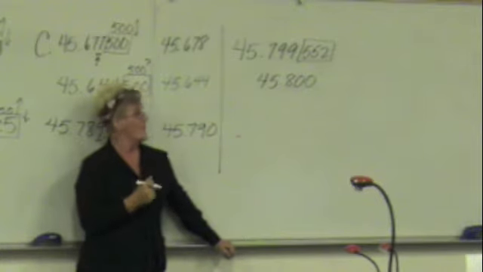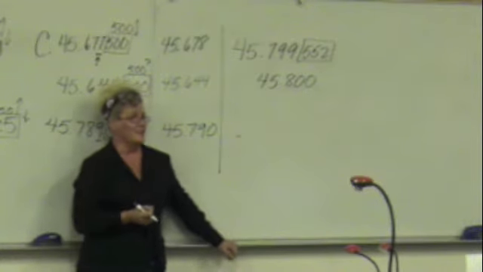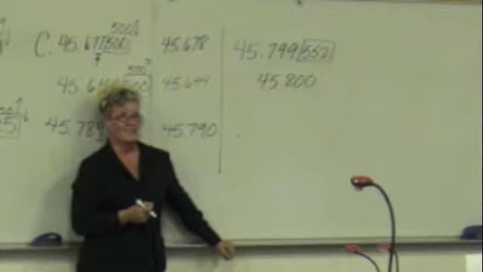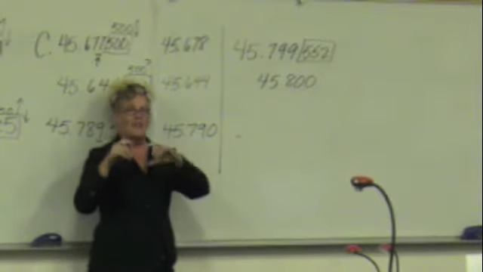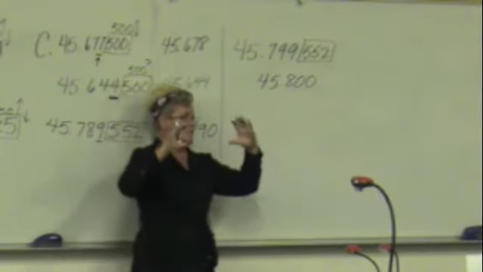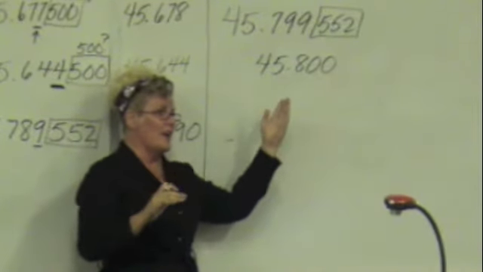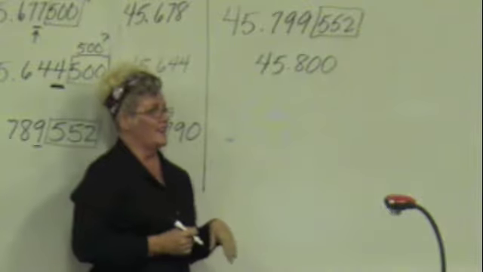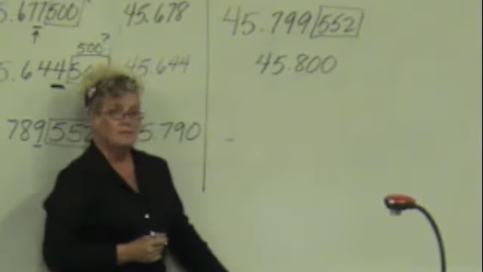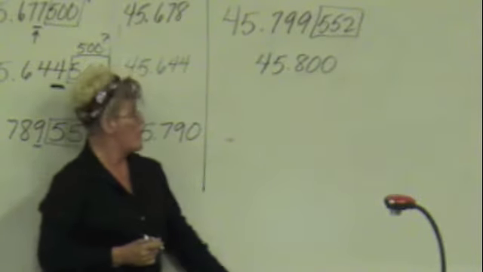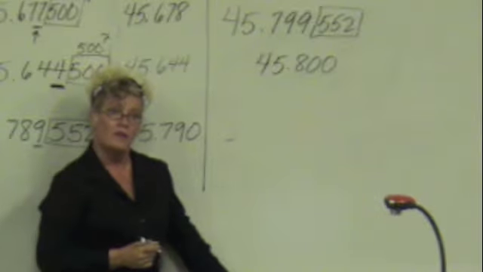Once it goes up, 799 goes to 800. See the idea? So sometimes we've got to not look at it as each number, and look at it as a whole number. And say, okay, if I went up one more, what number would I have? That's the idea. Now let's say that 552 on the last one that you did is a 500.